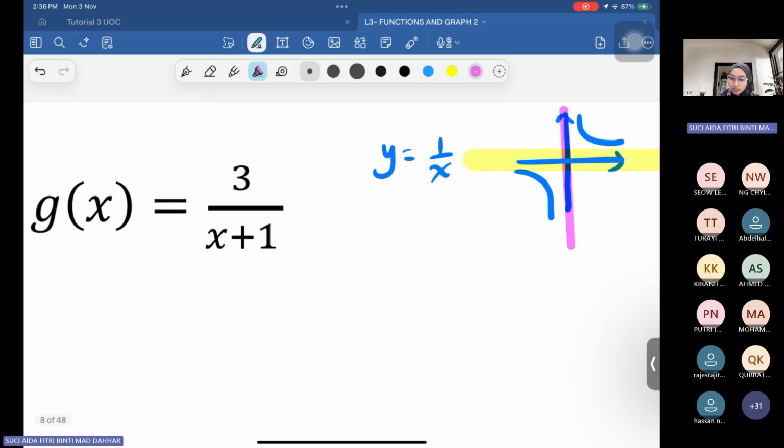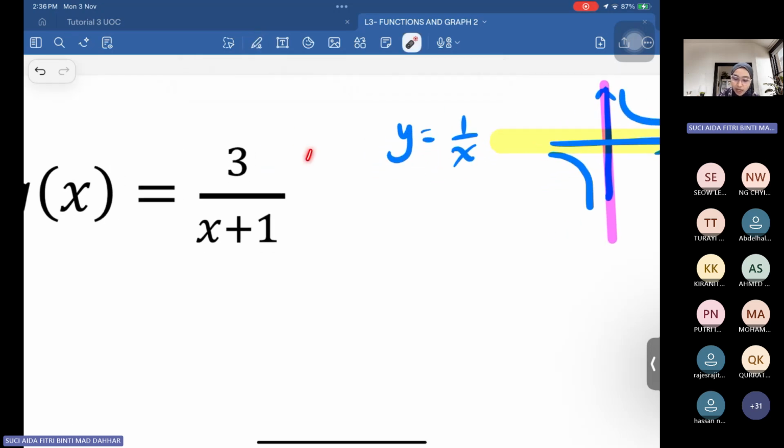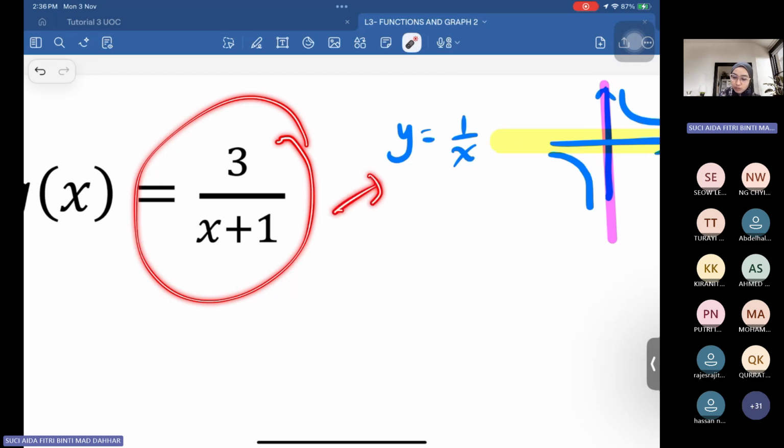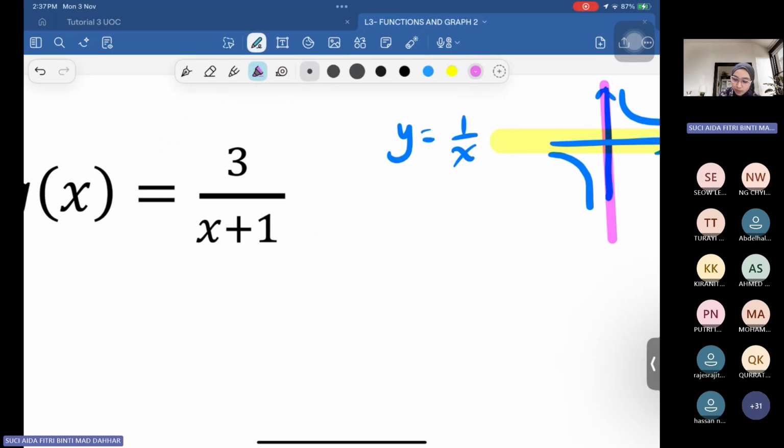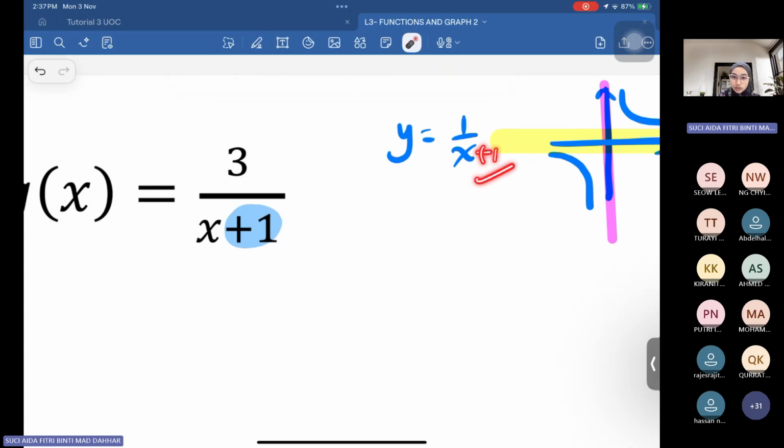So what are the transformations that happen here? What's the difference between our function and the basic function? How many differences? 2, right? One is that x is added by 1. That's the first difference because there's no plus 1 in the original graph.